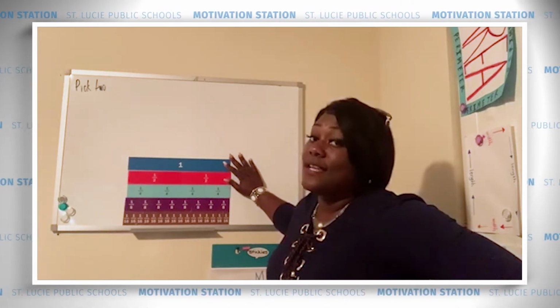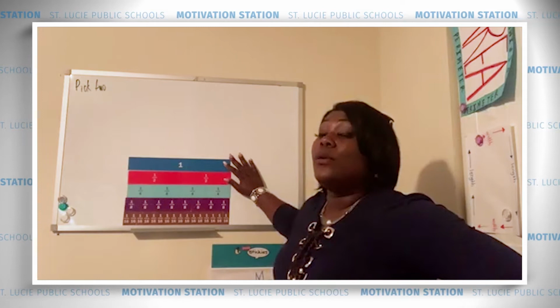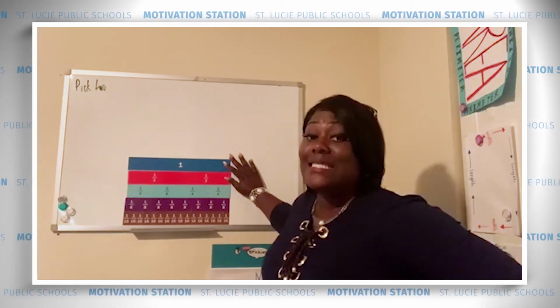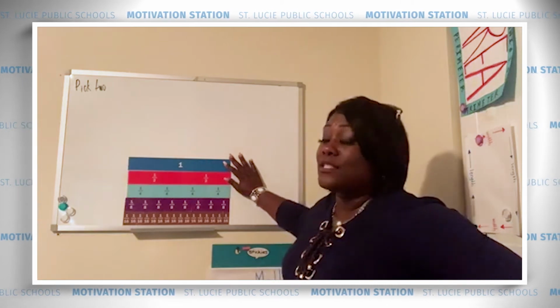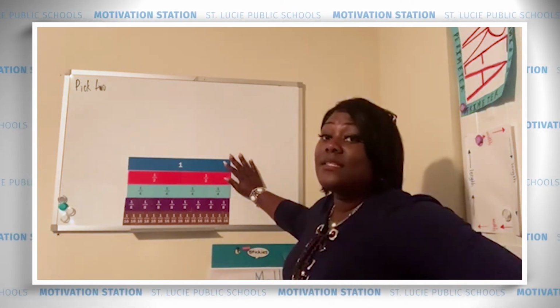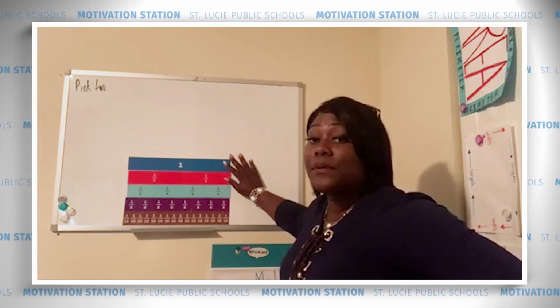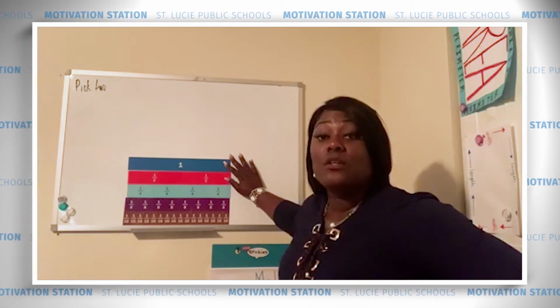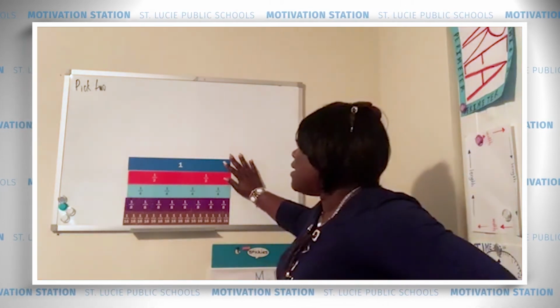Fractions are not the same as a whole number. In order to create a whole number with fractions, you'd have to put all the pieces back together, almost like a puzzle. So when we are breaking up whole numbers, the pieces that we get are fractions. Fractions are made up of pieces.